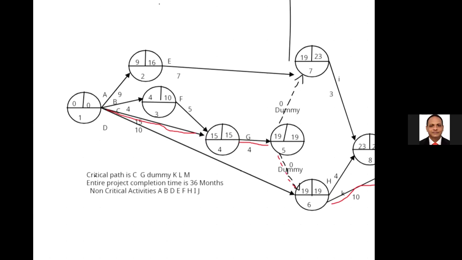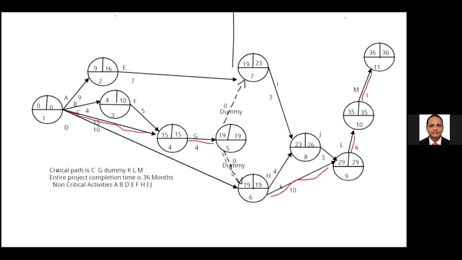Right? Then 5th, 7th, 8th. Event number 8 should be 29 minus 3 is 26. It's correct. 26 minus 3 is 23. Yeah, it's correct. What's the problem?